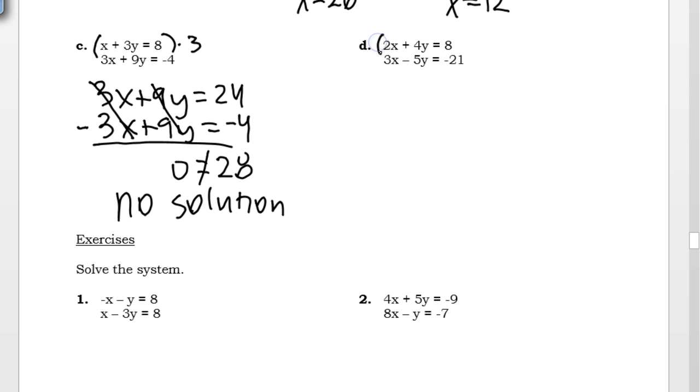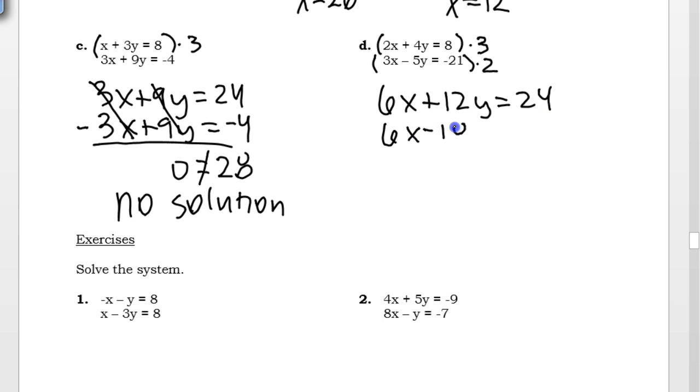I'm going to multiply the top equation by 3 and the bottom equation by 2. Then I'll have 6's on both. 6 and 6 are the same.